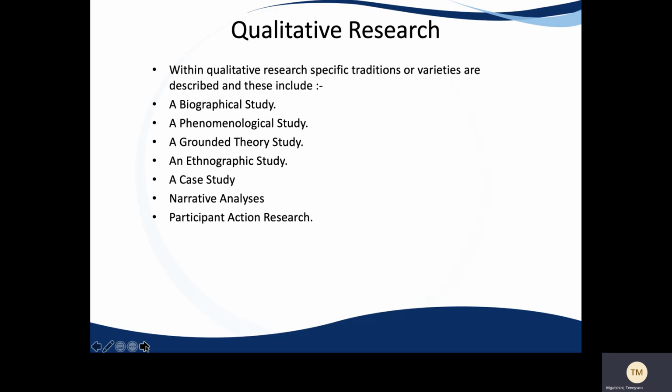And so the specific traditions or varieties of qualitative research that exist include phenomenological research, biographical research, grounded theory research, ethnographic research, case study research, narrative analysis, participant action research.